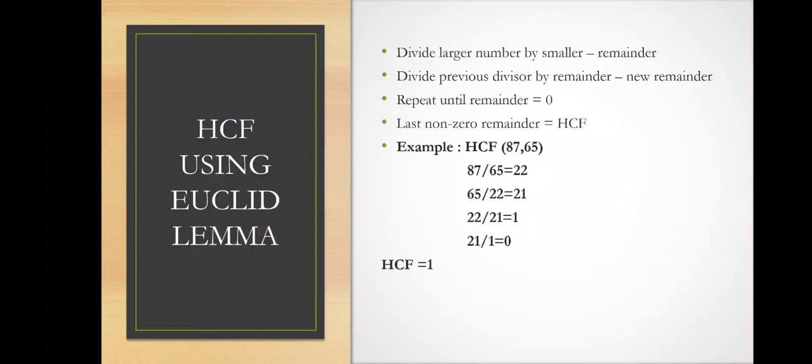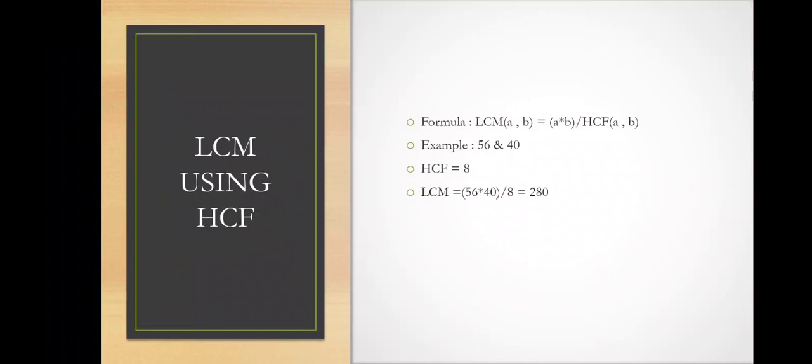Then divide 22 by 21. The remainder is 1. Now divide 21 by 1. Remainder becomes 0. So the last non-zero remainder is 1. Therefore, HCF of 87 and 65 is 1.